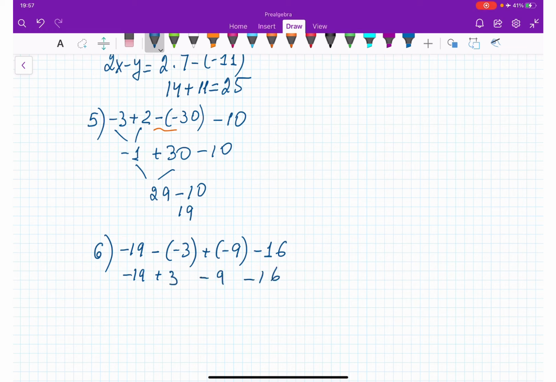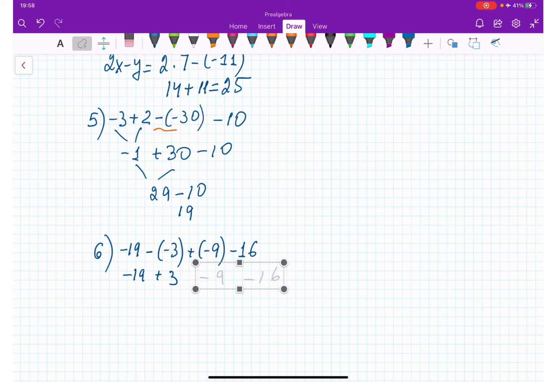Minus 16. Okay. Let me shrink this a little bit. There we go. So this way, this is also okay. So from here, we are getting negative 19 plus 3, negative 16, minus 9, minus 16.